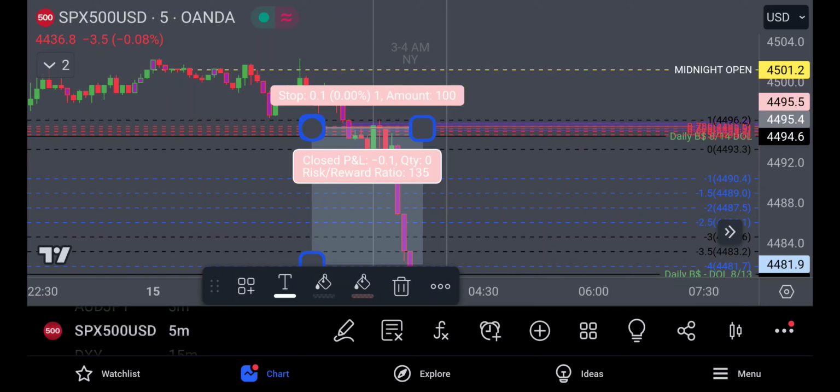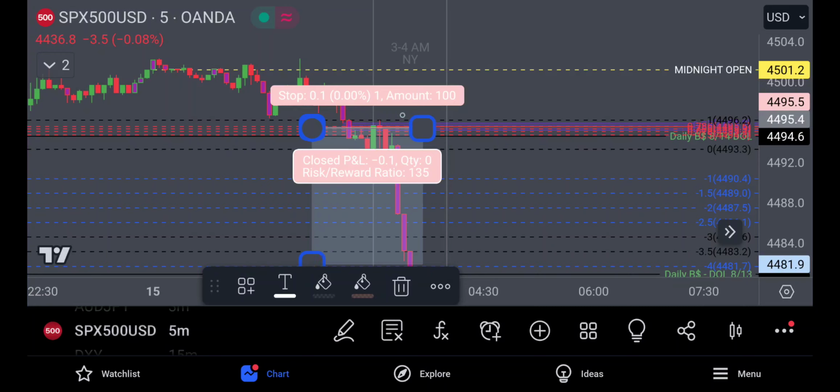And I have been profitable. Let's say it moves to 1 standard deviation. Again, I take 50% profit, 50% risk off.